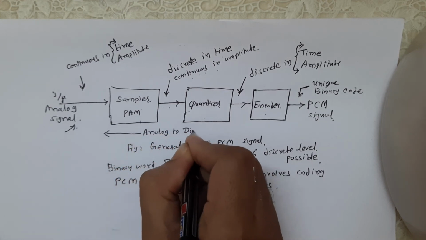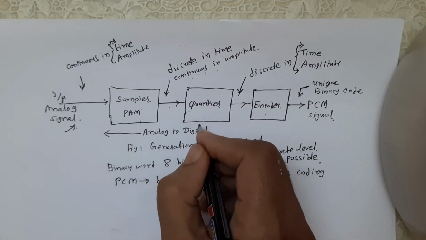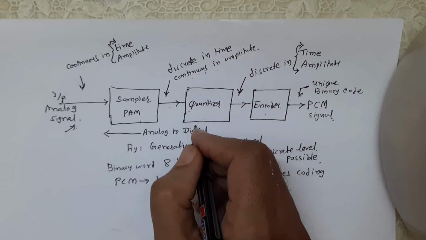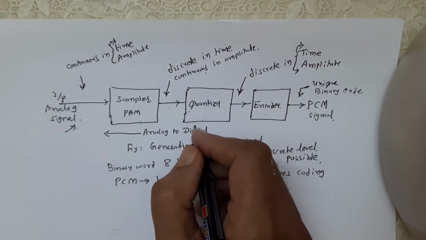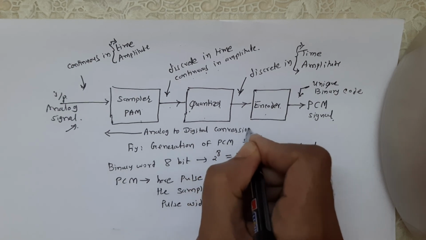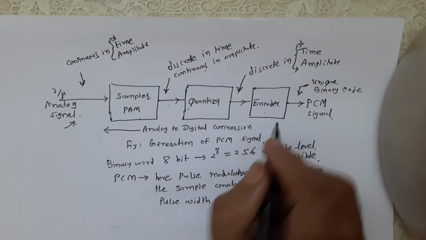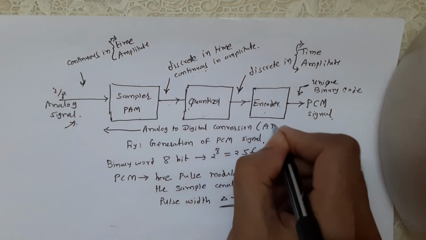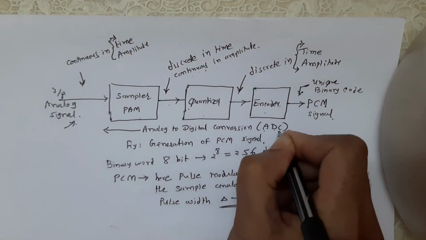The output of the encoder will have a unique binary code for each discrete value. It is also known as ADC. ADC means analog to digital conversion.